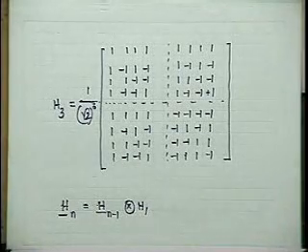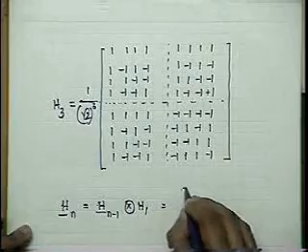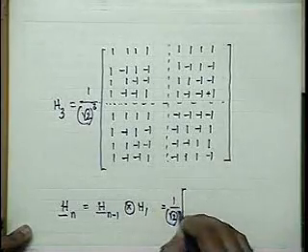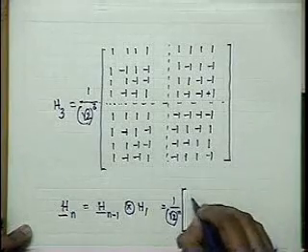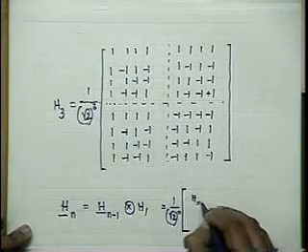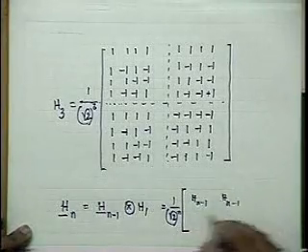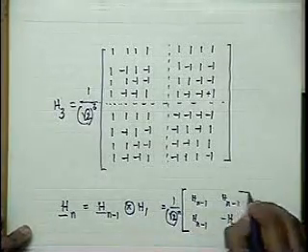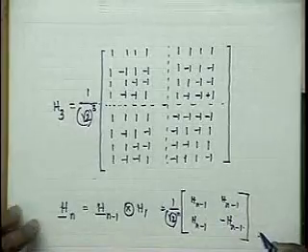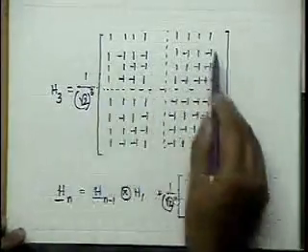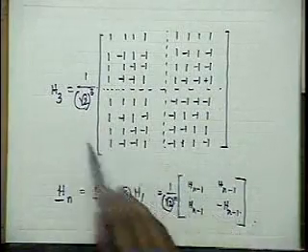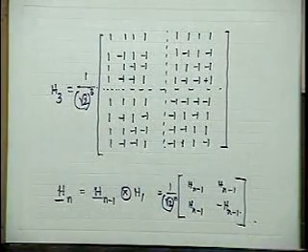So the basic composition is 1 by root 2 to the power n over here, and this is H n minus 1, H n minus 1, H n minus 1 and minus H n minus 1. So this is the composition of the Hadamard matrix of order 3.